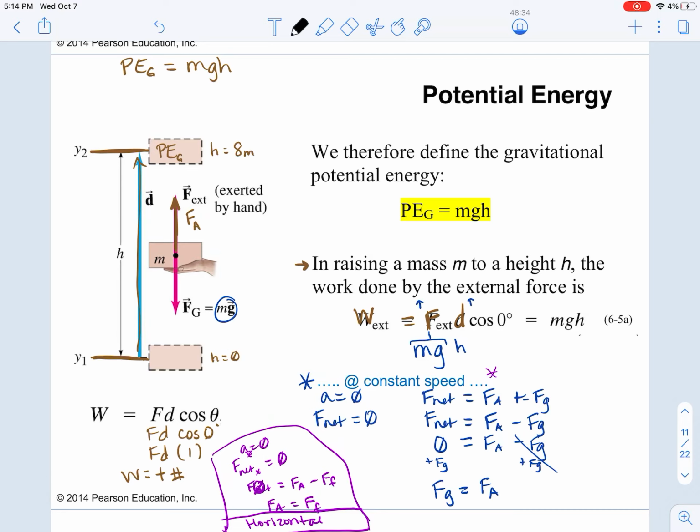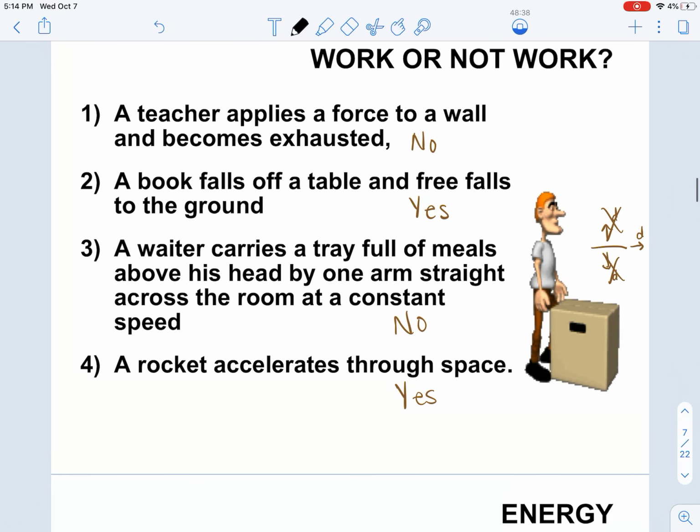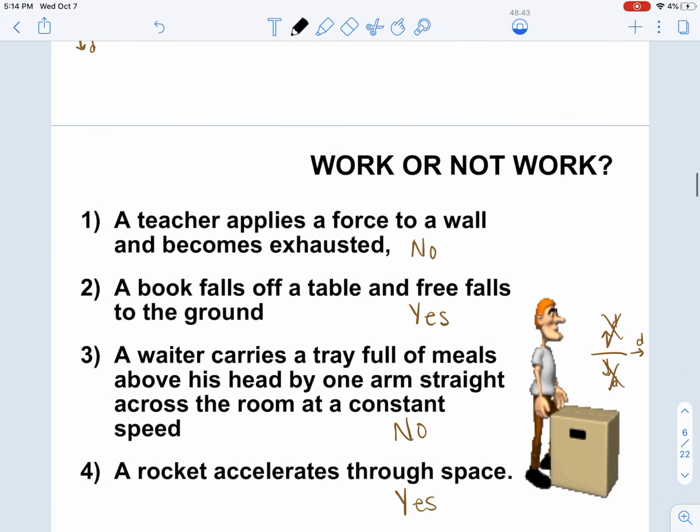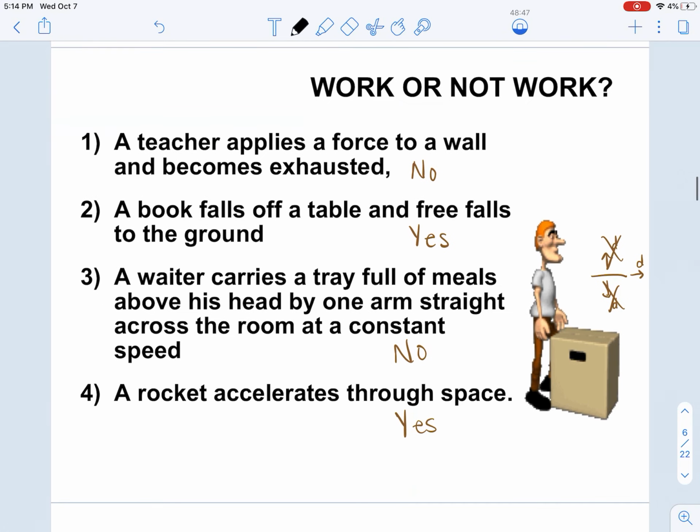If this box were to fall, so we talked about my falling object, yes or no, is there work done? Yes. This parachute falling, right? We have work that is done on my object.